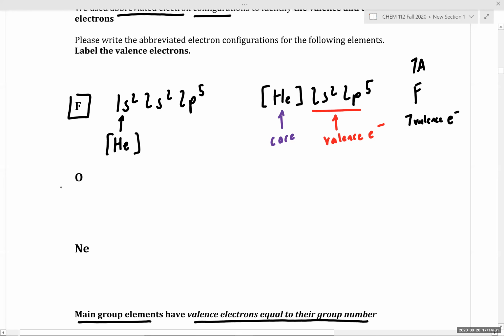So I'd like you to take a moment and write out an abbreviated electron configuration for oxygen and neon, and don't be shy to share your results in the chat or unmute and share your proposed responses verbally.